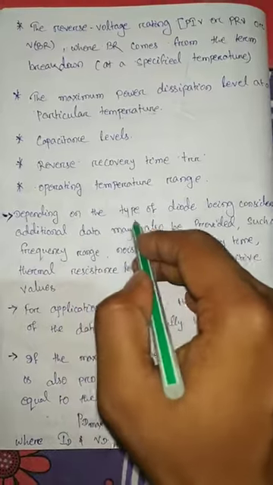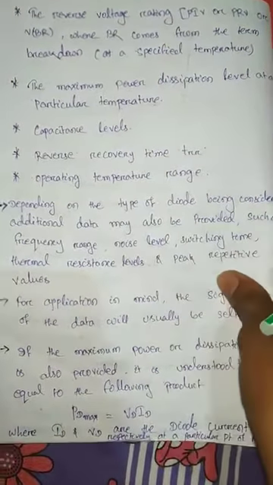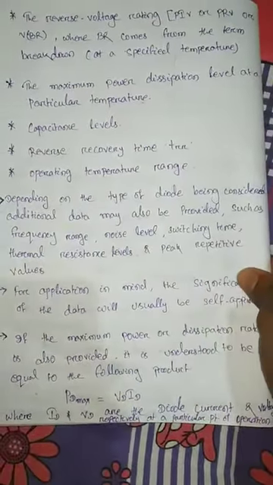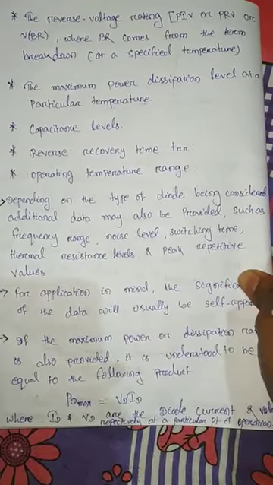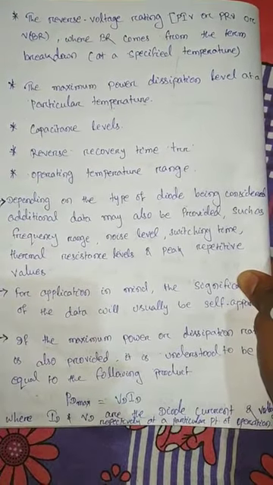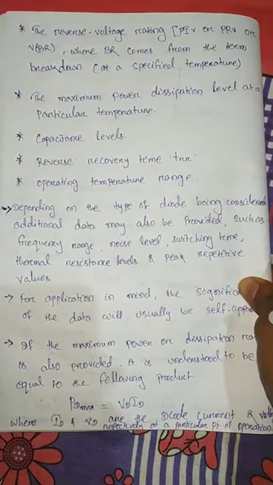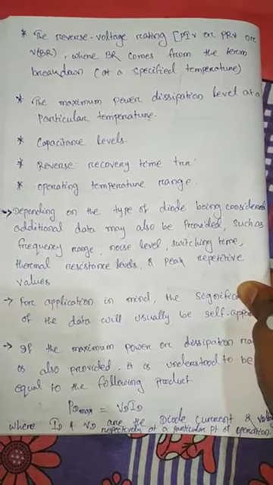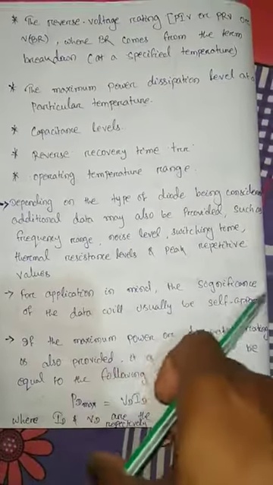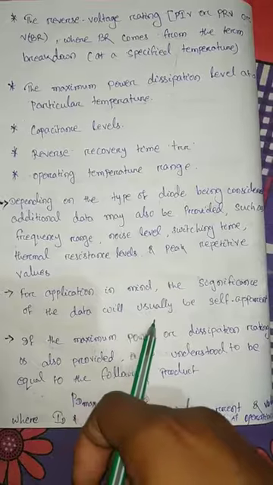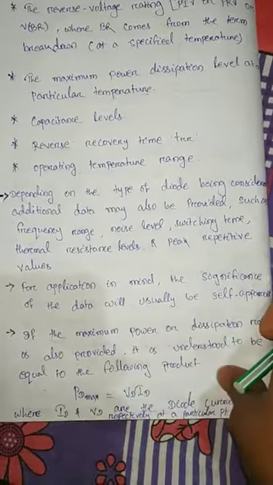Now, depending on the type of diode being considered, additional data may also be provided. What are these additional data? Such as frequency range, noise levels, switching times, thermal resistance levels, and peak repetitive values. For the application in mind, the significance of the data will usually be self-apparent.